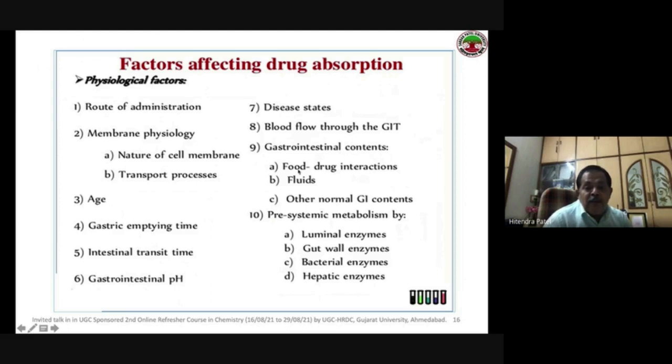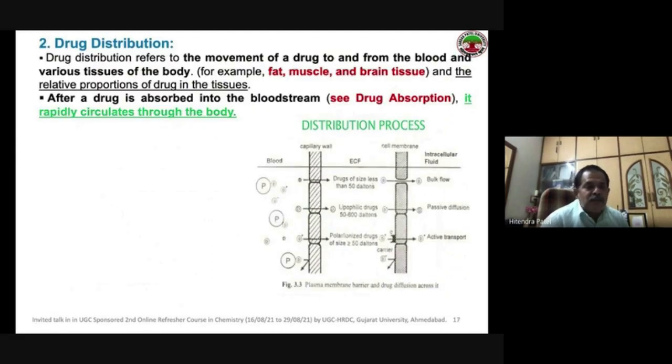It may be food and drug interactions and fluids, other normal gastrointestinal contents, and the presystemic metabolism by the luminal enzyme, as well as the gut wall enzyme, and the bacterial enzyme, and hepatic enzyme. So friends, these are the physiological factors for drug absorption.